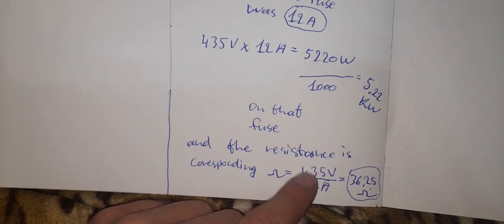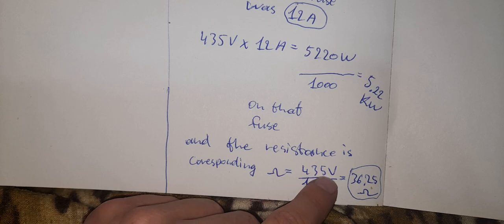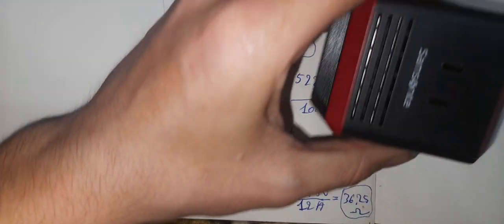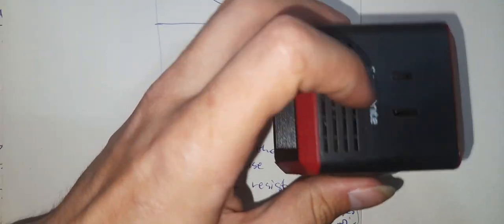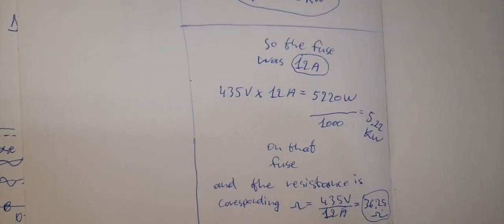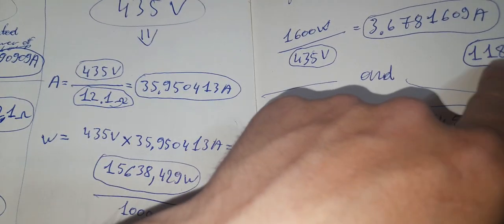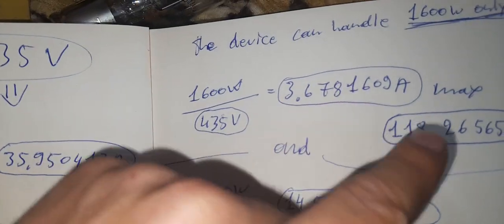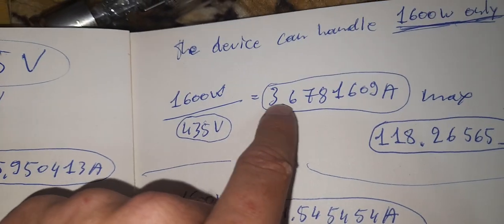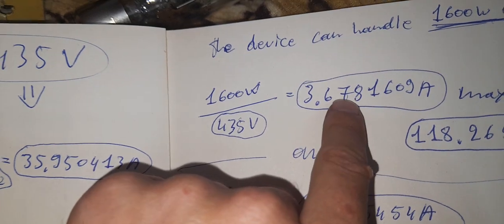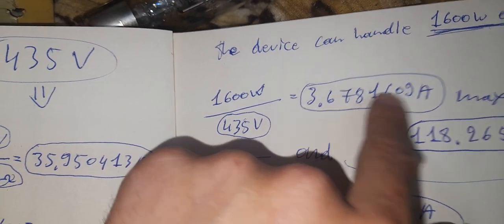If the working voltage was designed for 435 volts, that here was an anomaly, because it's not designed to work for 435 volts. So guys, as you can see, even with that, the fuse should need to be 3.6781609 amps maximum.